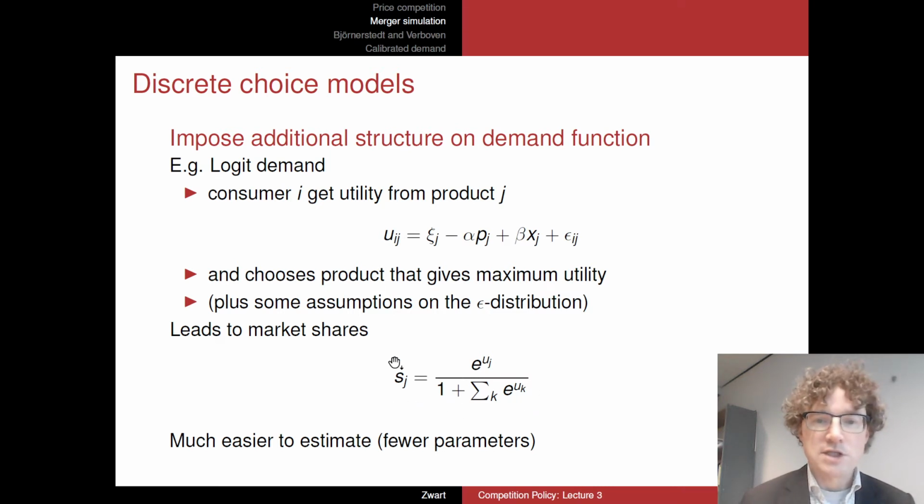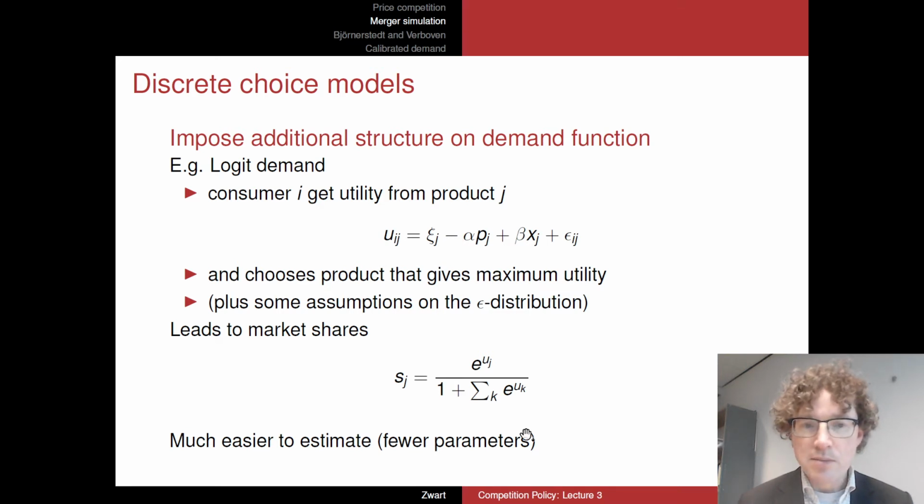So the market share for some product J turns out to depend on e to the power u for product J, and by that I mean these first three parts here for product J, which only depends on the product, not on the consumer, divided by 1 plus the sum over all the different products of e to the power u, where product J itself is included in the sum. So this is a particularly convenient form for market shares.